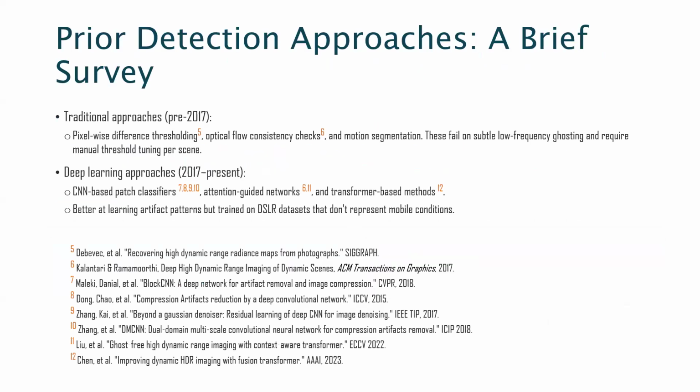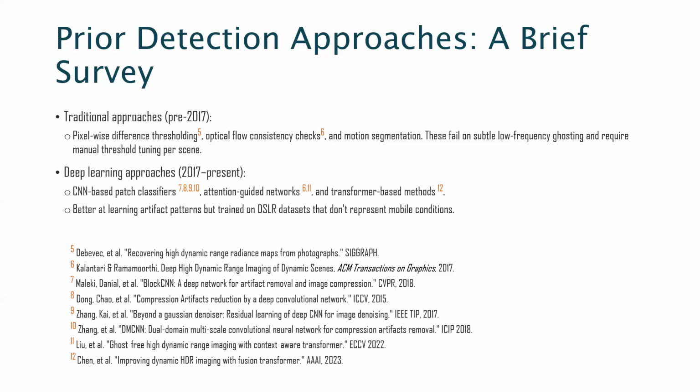I divided them into two parts: the traditional approaches, pre-2017, in which most of the work has been pixel-wise difference thresholding, done at the pixel level. But the problem is that it is a manual threshold, not an adaptive one that changes from picture to picture or with the overall scenario. Secondly, they have to perform consistent optical flow checks and motion segmentation.